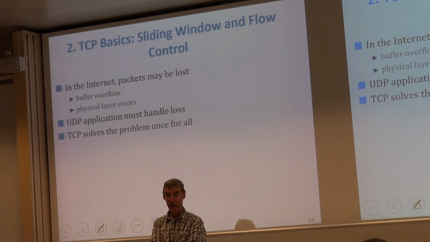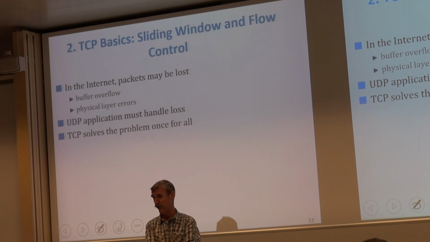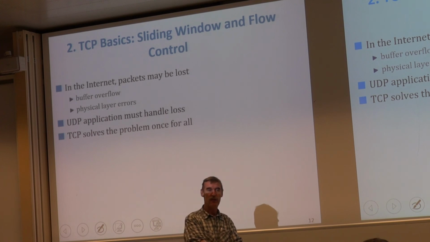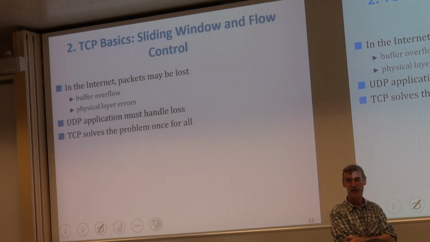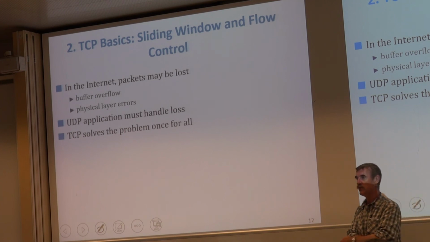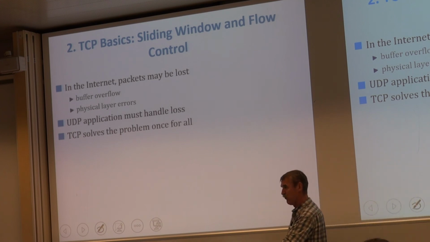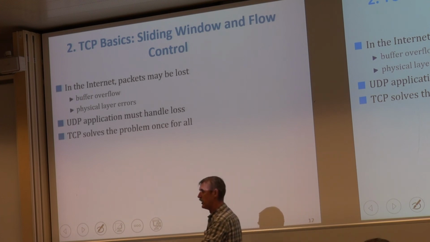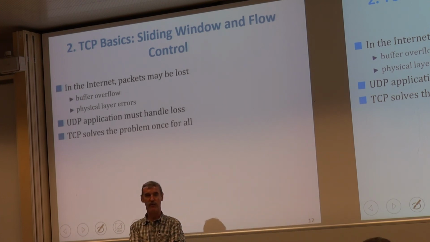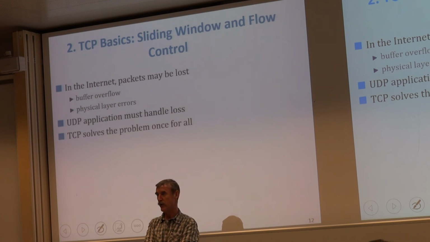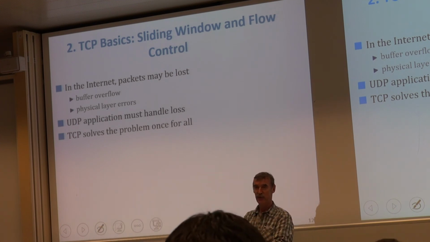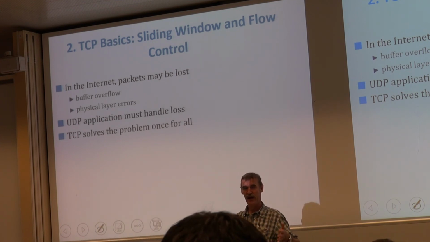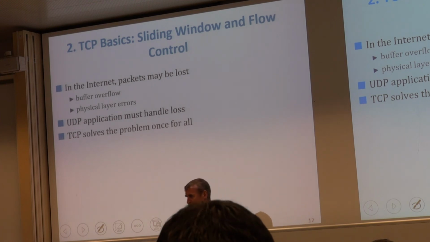There might be also buffer overflows, which is a completely different reason. If you remember the bridges that we saw last week, I depicted the bridge as a queuing system. Now, in a queuing system it is very hard to avoid overflow, at least once in a while, because, for example, if in a bridge you have 100 inputs that all go to the same output, and if they're all at the same speed, then the data will accumulate in the output buffer. If that happens once and the buffer has enough space for 100 packets, then nothing will happen.